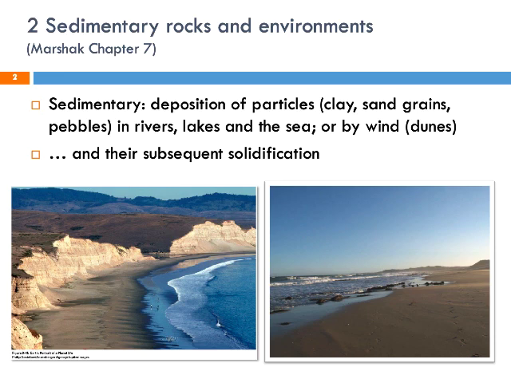Sedimentary environment means particles are deposited. These particles can be clay or sand grains or pebbles, depending on the size of the particles. So clay would be very fine, sand is a little bit bigger, pebbles and cobbles obviously are larger.